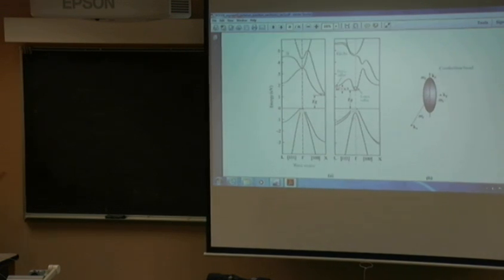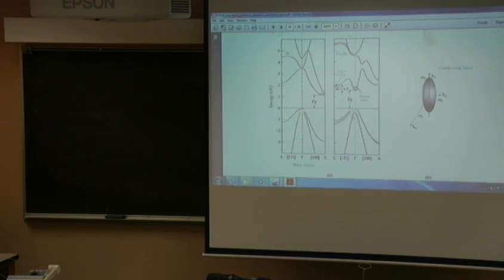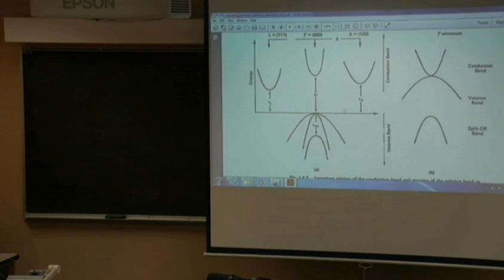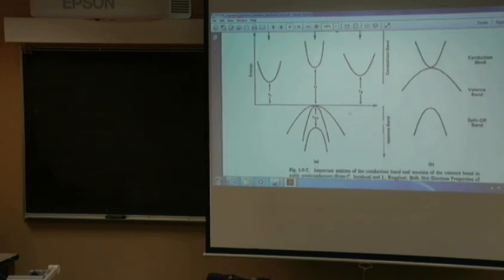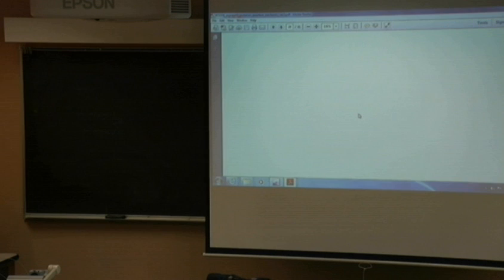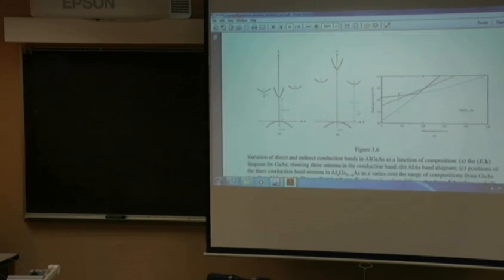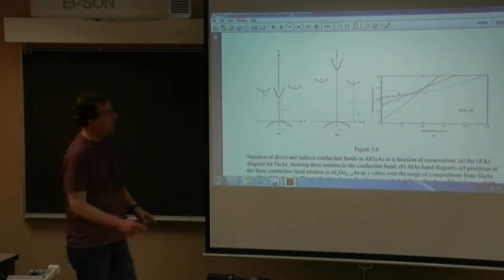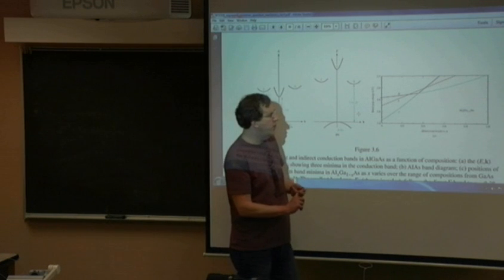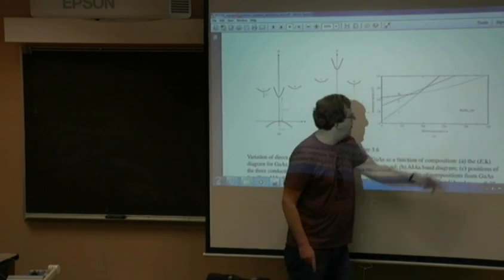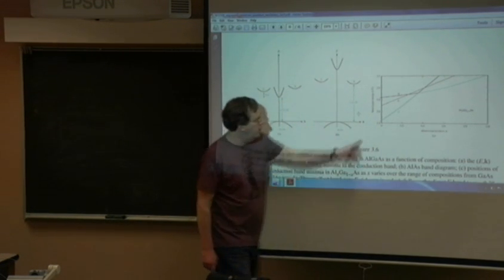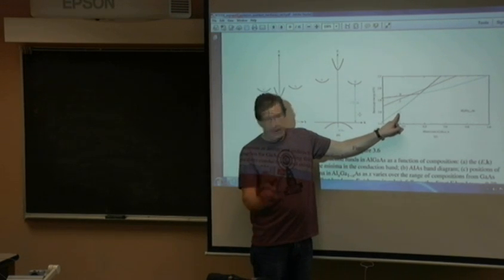And here's another textbook version, a little more detailed. Here's another version showing the aluminum gallium arsenide ternary alloy. As you put more aluminum in, it's showing you that it's only the gamma, which is the direct band gap.